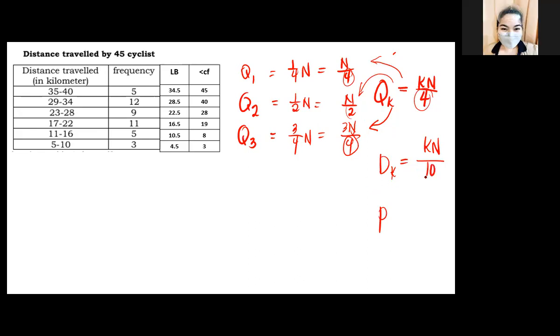Okay. So, divided by 10. What about for percentile? That's P sub k is equal to k times n. Always remember that k times n. We divide it, of course, by 100 because that's 100 parts. So, when we locate, these are the formulas we will use.